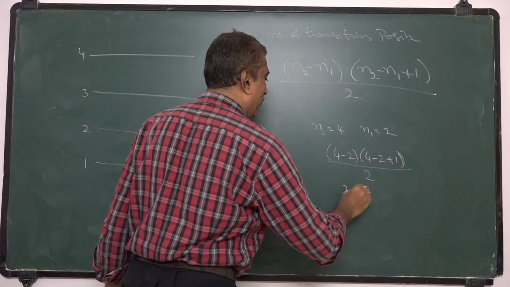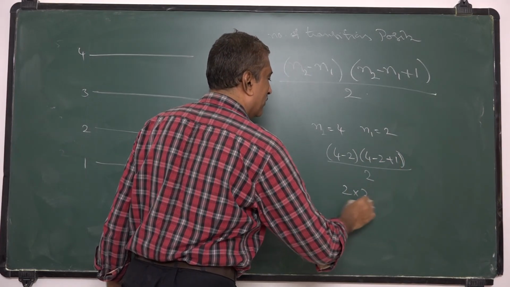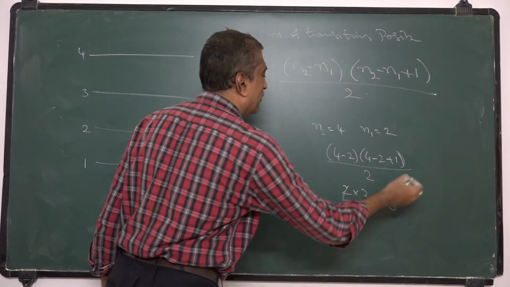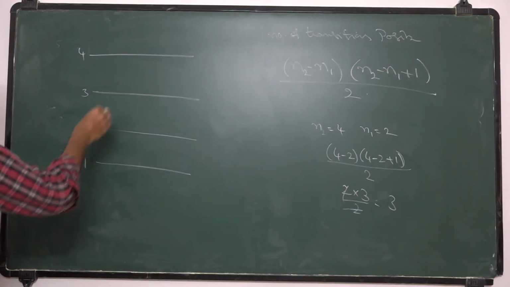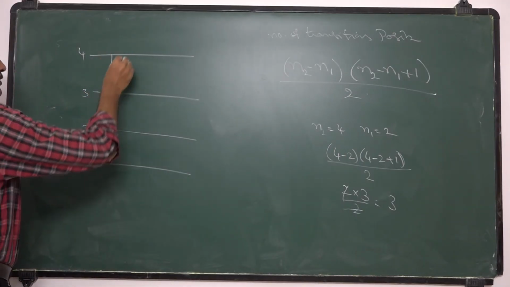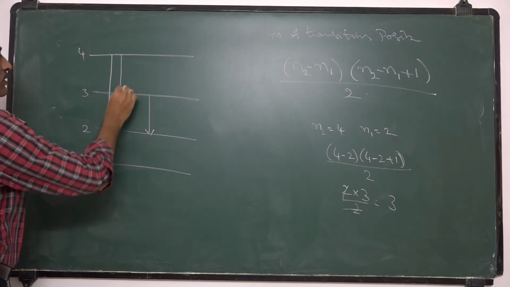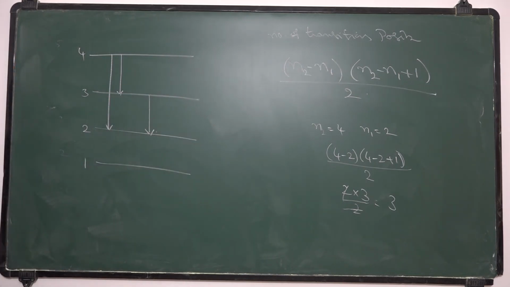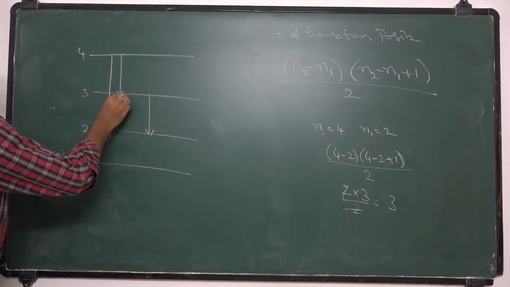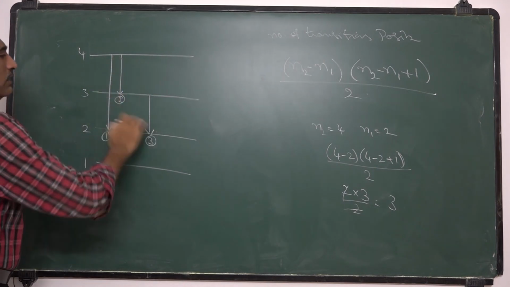This is 2 into 3 by 2. So a total of 3 possibilities. You can see 4th to 2nd, 4th to 3rd, 3rd to 2nd: first one, second one, third one. These 3 possibilities are possible.